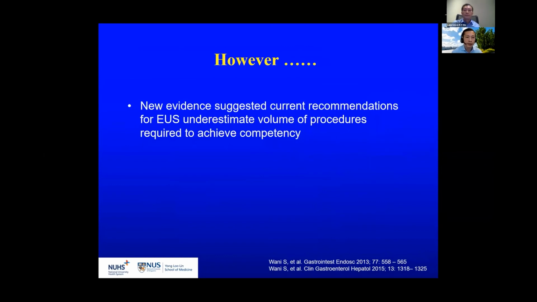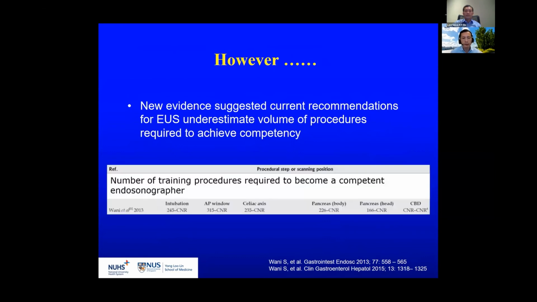However, new evidence has emerged to suggest that the current recommended numbers for EUS as well as EUS FNA actually underestimate the volume of procedures required for a trainee to achieve competency.